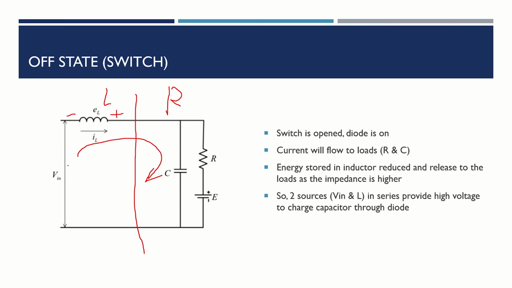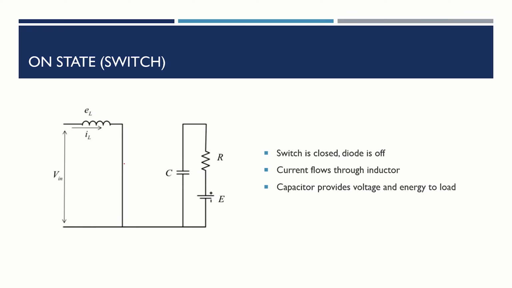So at this moment, the energy stored in the inductor will release to the load and capacitor at the same time. So the voltage and the energy at the load will be higher than the V source because the energy supplied to the load and capacitor is the sum of V source and the energy supplied from the inductor. And the capacitor starts charging.